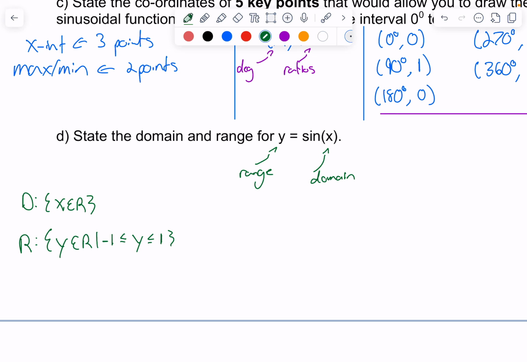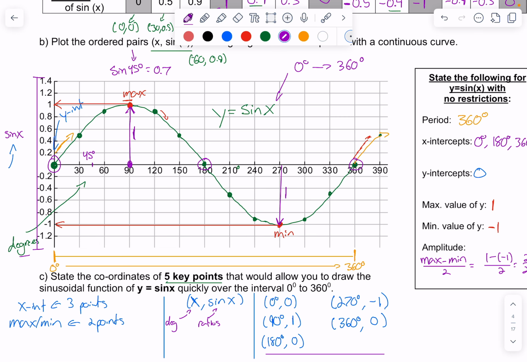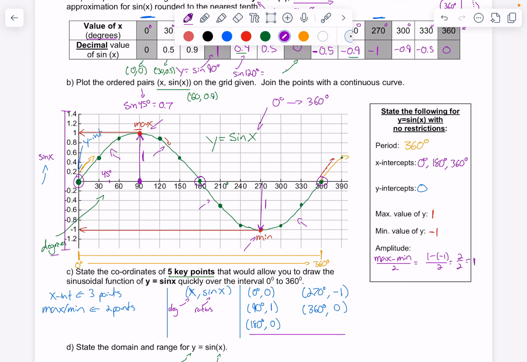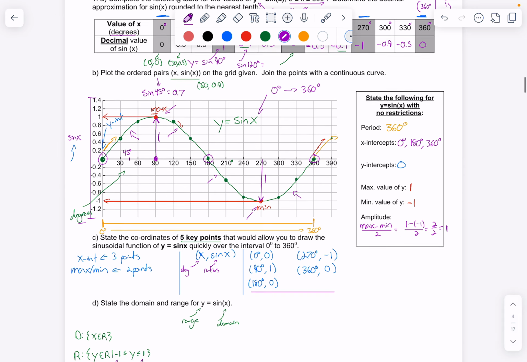So you read this as saying, well, this is your minimum, and this is your maximum. The y values can be any number in between. And visually, that makes sense. Look, they can be any number in between your highest point and your lowest point right here. They'll just always fluctuate and oscillate. That's a term commonly used, oscillating. They'll oscillate between your max and your min.